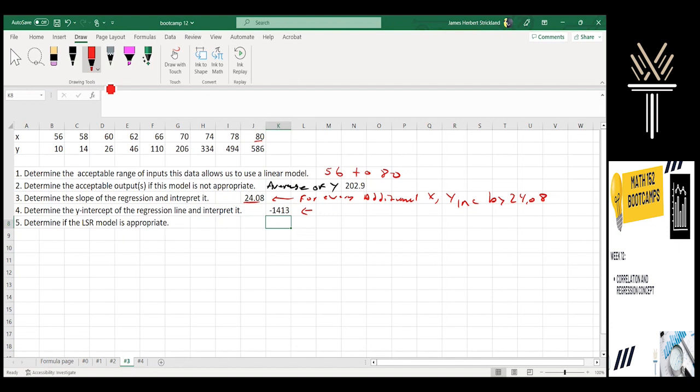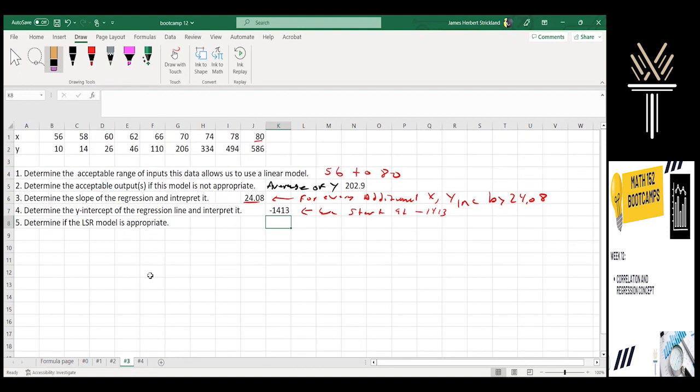This says we start at negative 1413. Essentially, if I were to graph it, I would start way down here at negative 1413, and I would grow up by 24.08 every single time. That's the change.